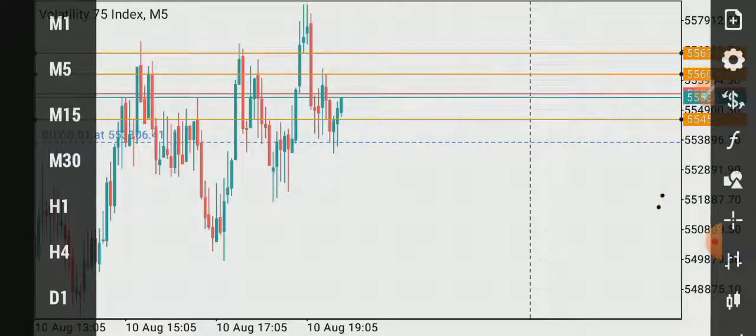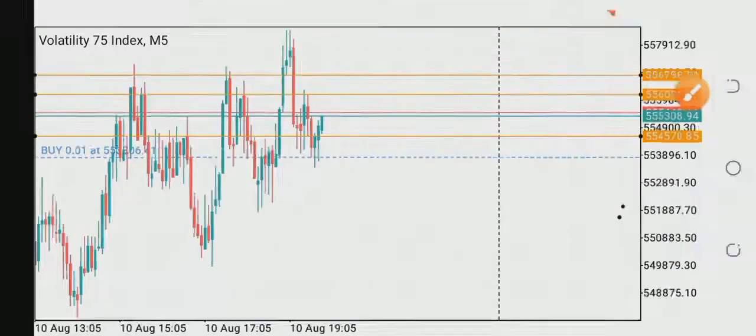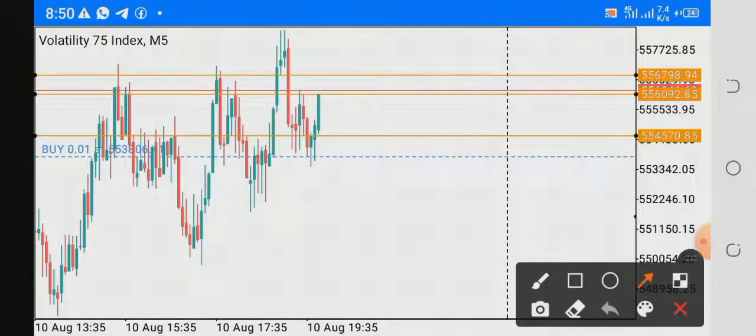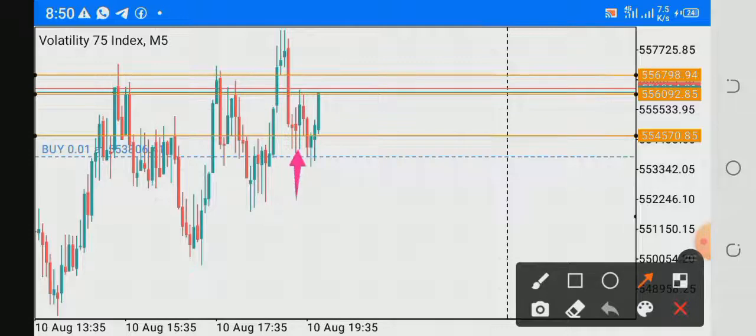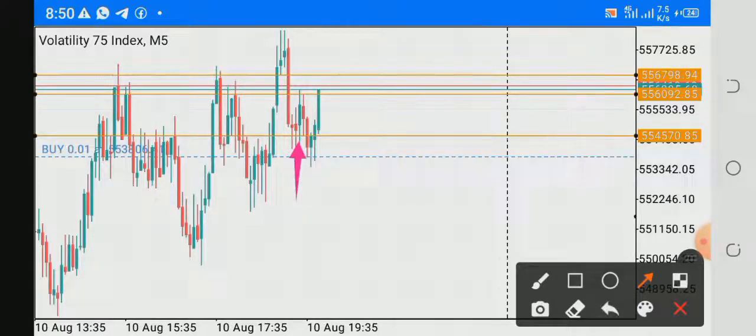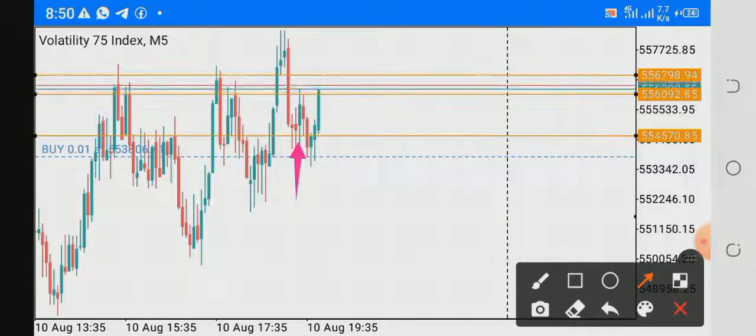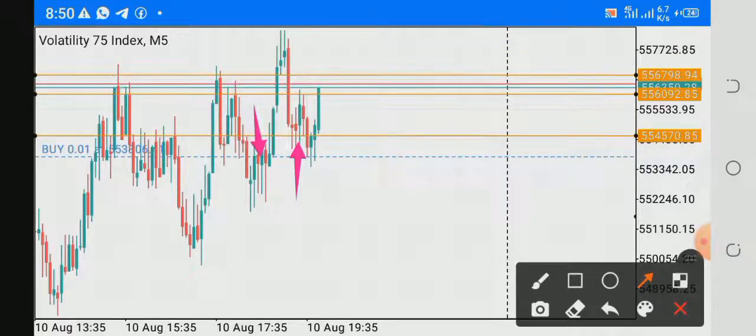Let me show you what I mean by serving as both support and resistance. So this third line right here is serving as support there. Then coming to this place, this line now serves as resistance.